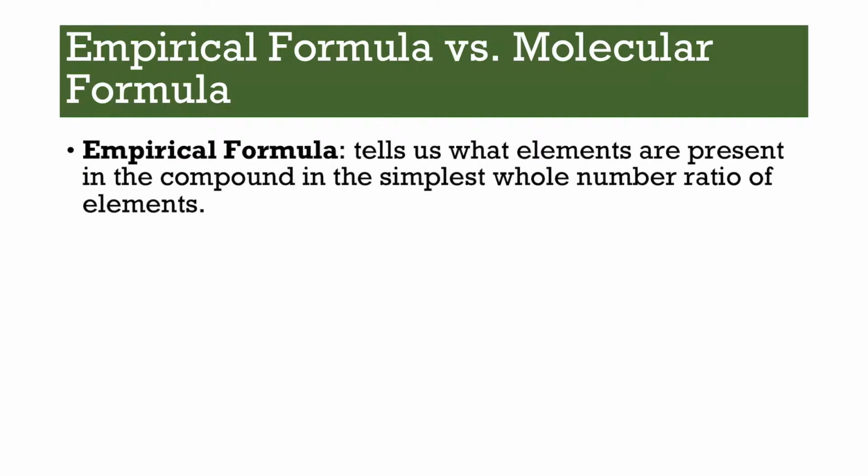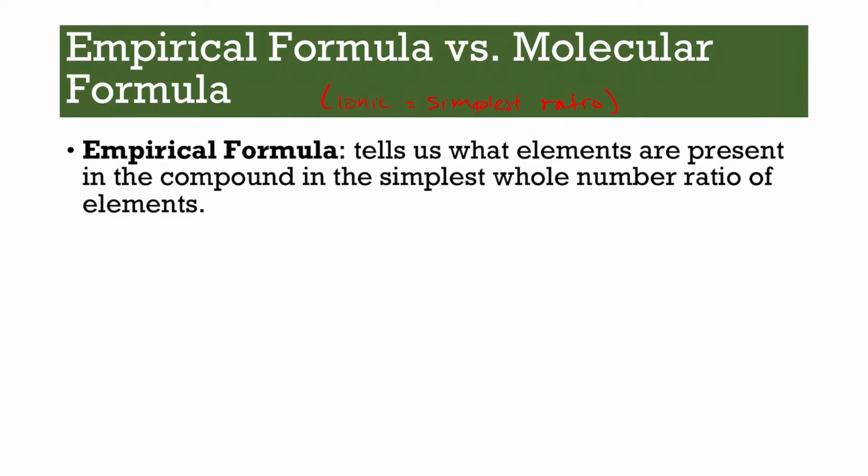So an empirical formula tells us what elements are present, but in the simplest ratio. If you think of ionic compounds, remember in ionic compounds, we use the simplest ratio. But in molecular compounds or covalent compounds, we did not.